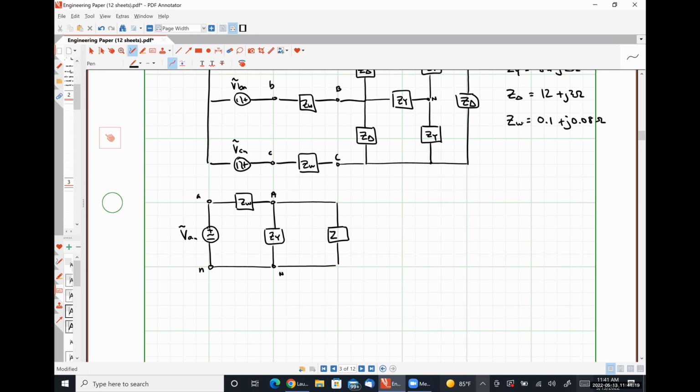And I'm going to call this Z delta Y because it is the Y equivalent representation of our delta connected load, right? Where Z delta Y is simply Z delta over 3 or 4 plus J1 ohm.